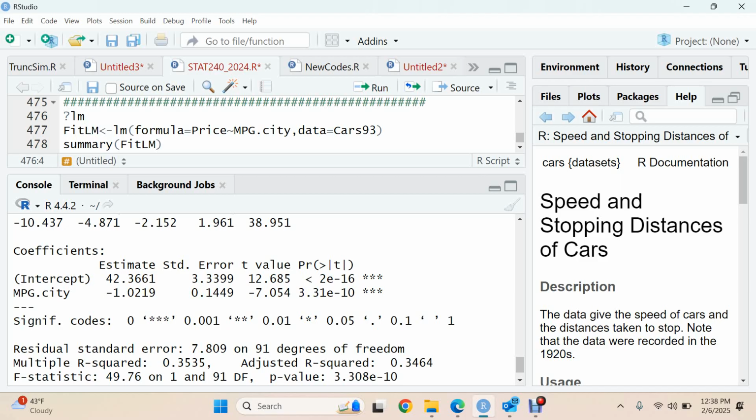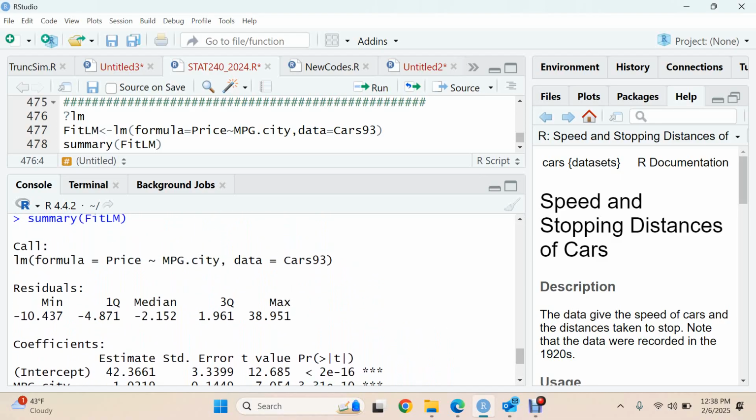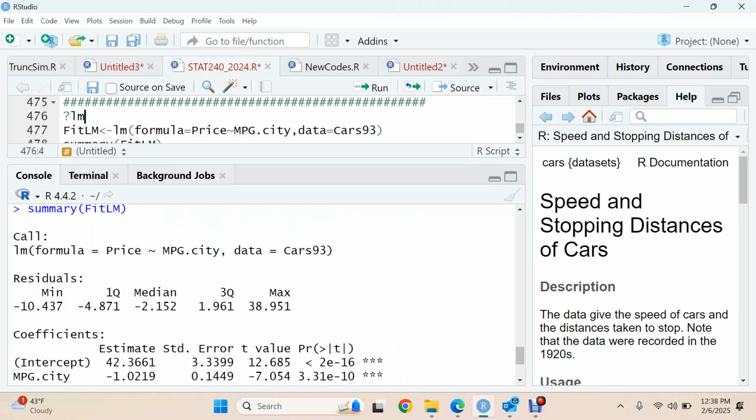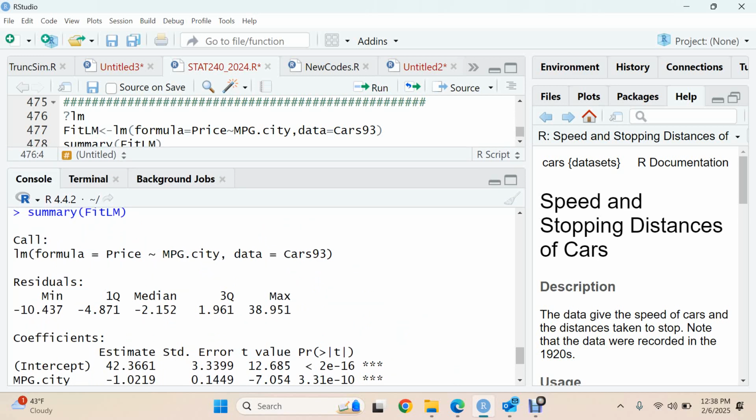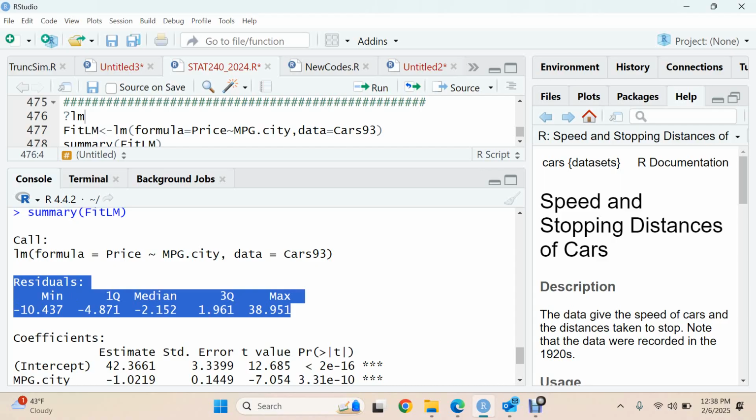So, look at your result. The first one, I'm going to relate it to what you do in 223. The first one gives you the call, the formula you use, then the residuals. What were the residuals from a regression?